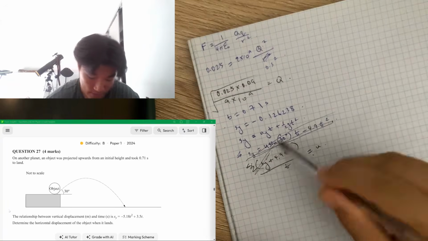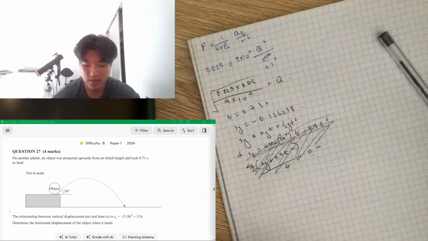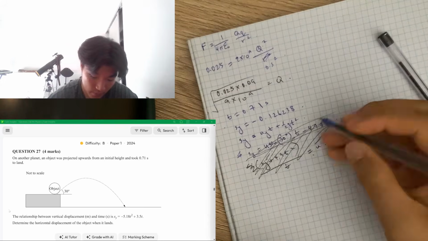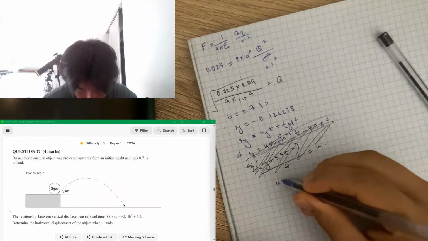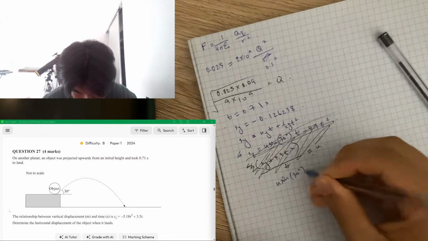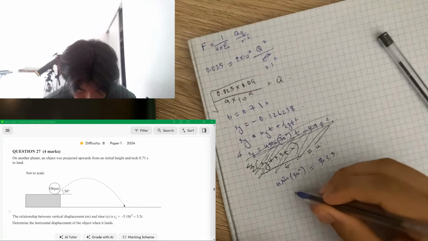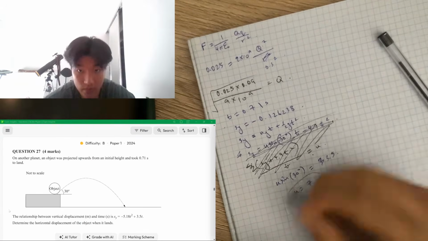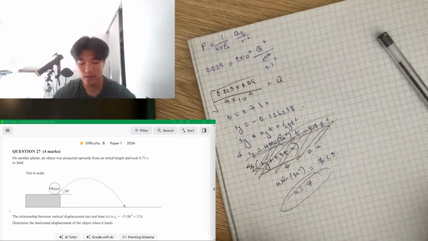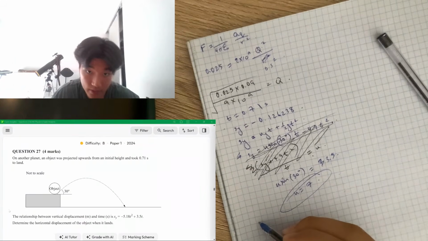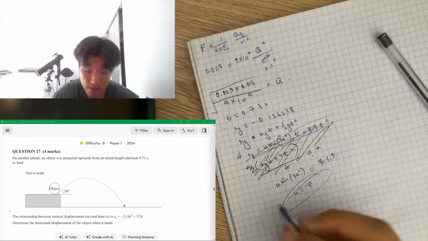Yeah. We can't use this. That's why it's wrong. So that's why we need to equate coefficients. So u sine theta equals 3.5. So u equals 7. Ta-da! Yay.